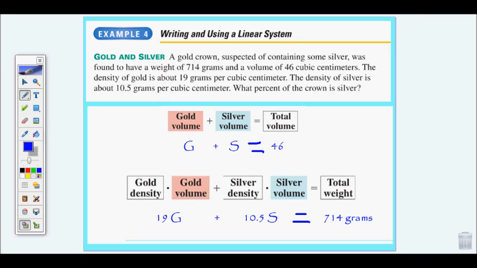Following the book, I multiplied the top equation by a negative 19, so everything in the first equation is multiplied by negative 19. If it was me, I probably would have multiplied everything by the 10.5 instead, just because it's a smaller number and you deal with smaller numbers. But it does not matter.